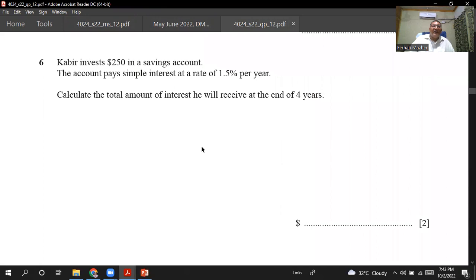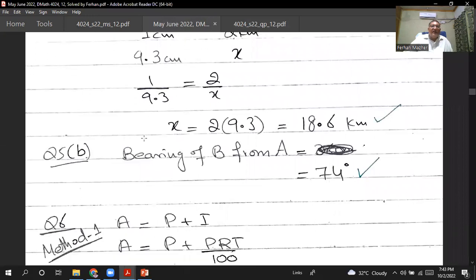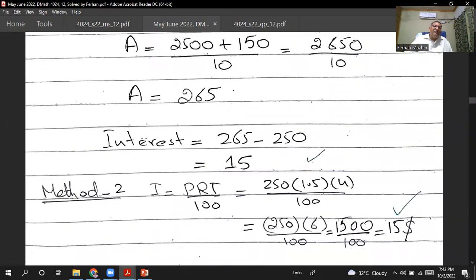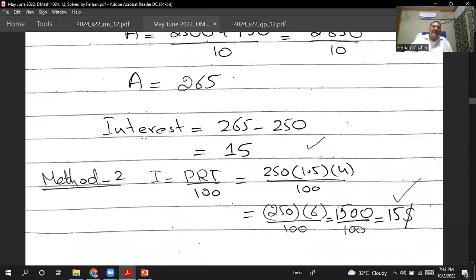That's question number 5. He says, Kabir invests $250 in a savings account. The account pays simple interest at a rate of 1.5% per year. Calculate the total amount of interest he will receive at the end of 4 years. Okay, so they want us to find the simple interest. I have done it with 2 methods, but I'm going to show you method number 2. The interest is equal to PRT divided by 100. That's the formula for finding simple interest.